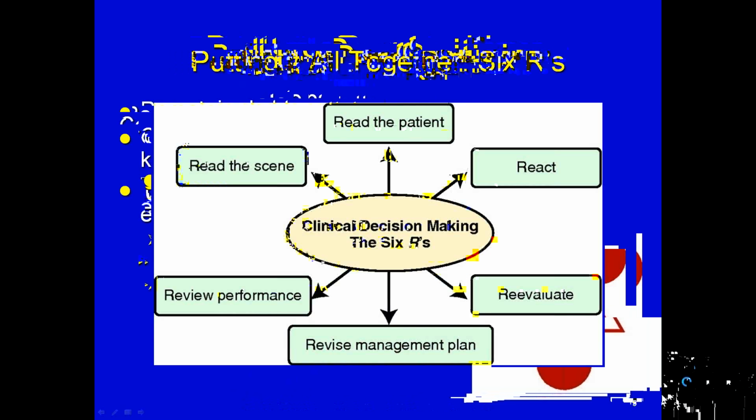Your general impression is reading the patient, reacting to what it is that you see, what it is that you acquire as far as information, and then reevaluate your plan, reevaluate what you've done and revise your management plan based on the patient's progression, and then later, after the call, or certainly as part of chart audits, reviewing the performance.